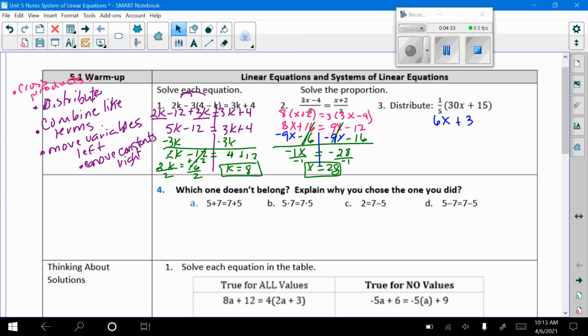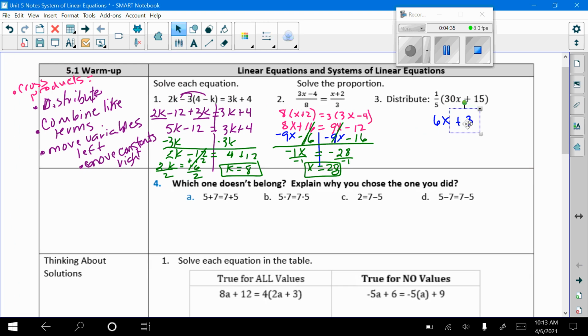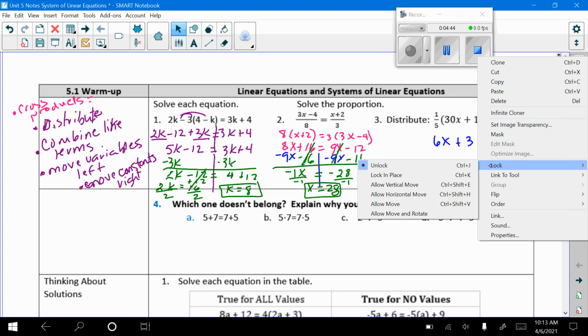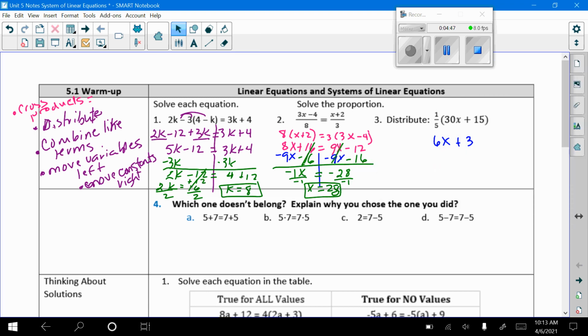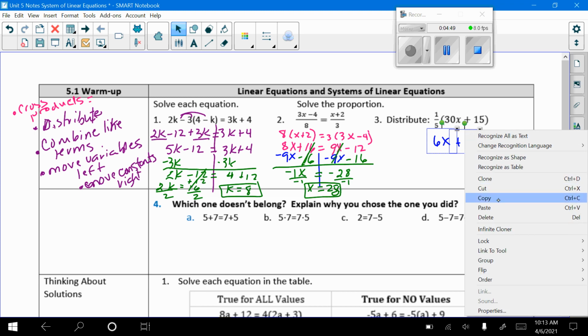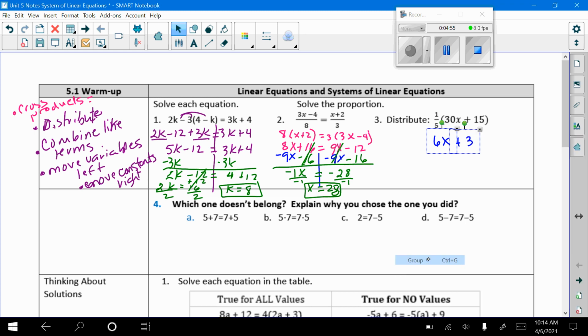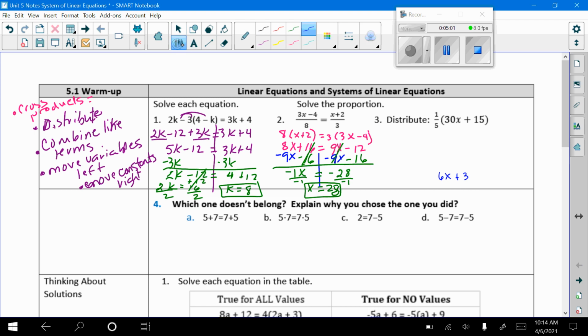Another way of showing the same thing, if I wanted to show that work, it would be 30x divided by 5, which gives me 6x, plus 15 divided by 5, which gives me 3.